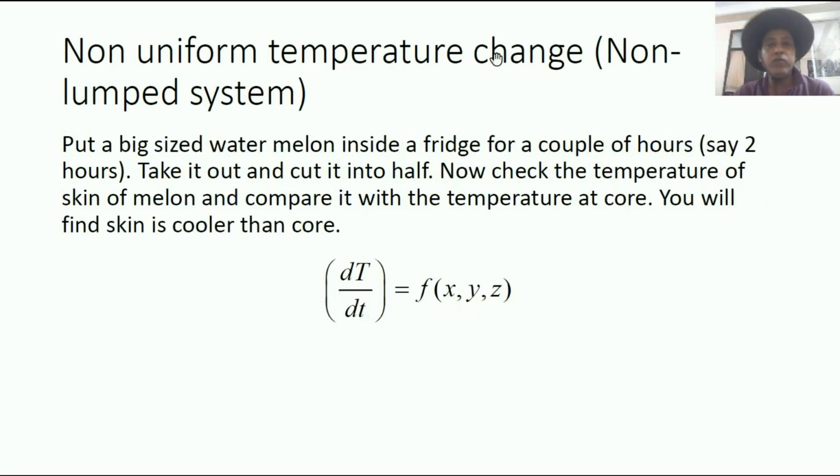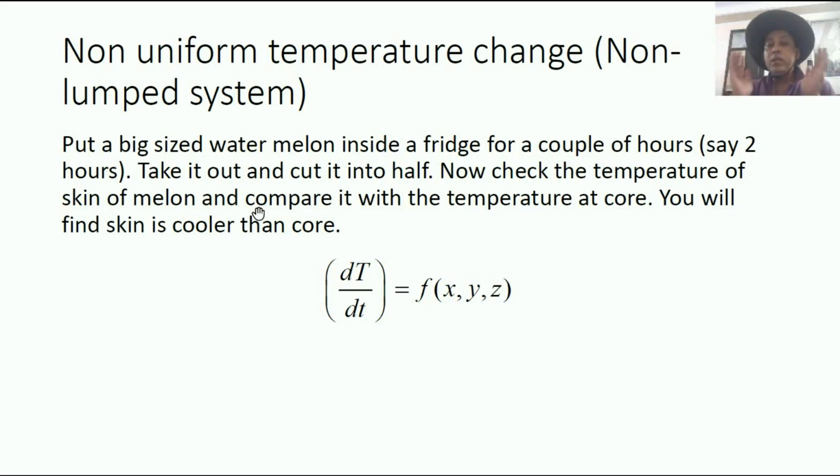Now, what is non-uniform temperature change, or a non-lumped system? Put a big watermelon inside a fridge for a couple of hours, say 2 hours, take it out, and cut it in half. Now check the temperature of the watermelon. You will find that the skin of the watermelon is colder than the core. You know the reason?